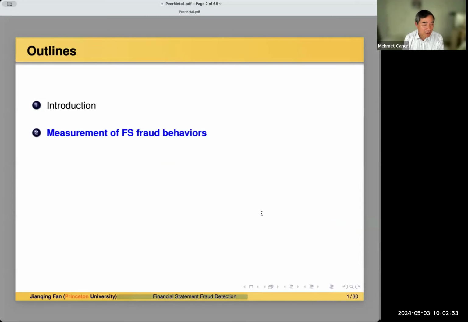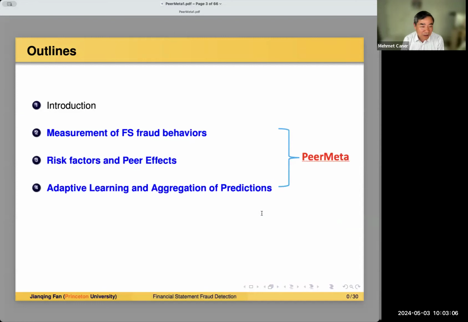So I'll give you the introduction. The first one, of course, is how to measure financial statement fraud behaviors, which is very difficult. That would be my Y variables. The next is to measure risk factors and the peer effects. After that, we develop learning algorithms, adaptive learning, and aggregation of prediction.